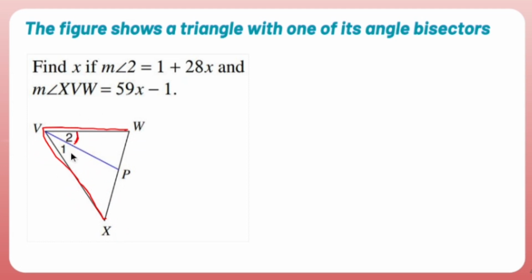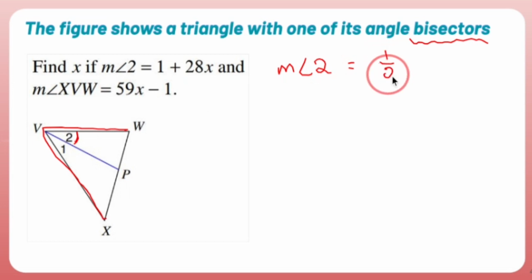Now, an angle bisector sounds exactly like what it is. It takes an angle and cuts it in half. So the measure of angle 2, and let me write that up here just in case I need the space, cuts XVW in half.